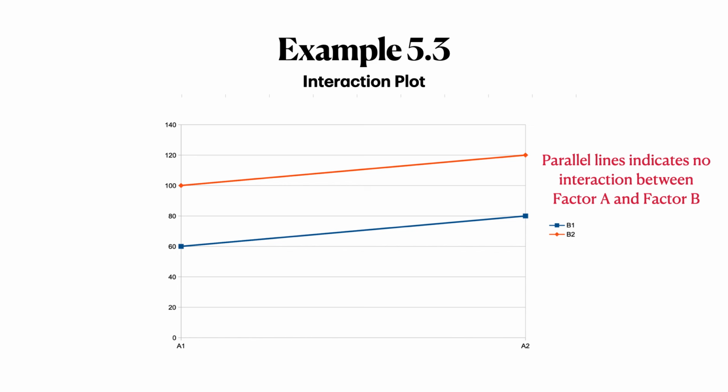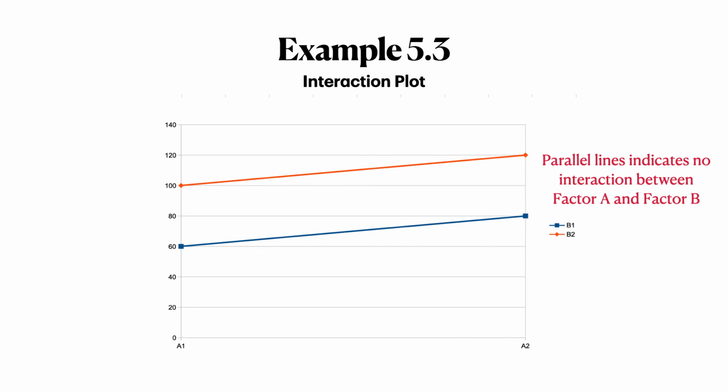That is why the two lines are parallel. And so that tells us that there's no interaction because the simple effects are equal. And we could make the same argument with regard to the simple effects of A at both levels of B. Those simple effects are the same, and so there's no interaction.